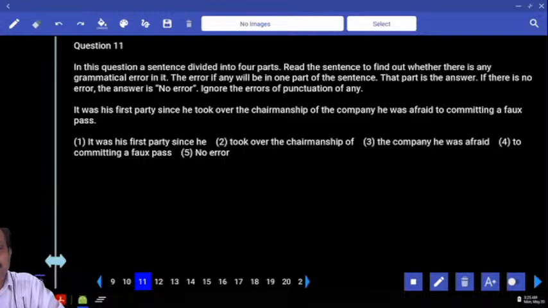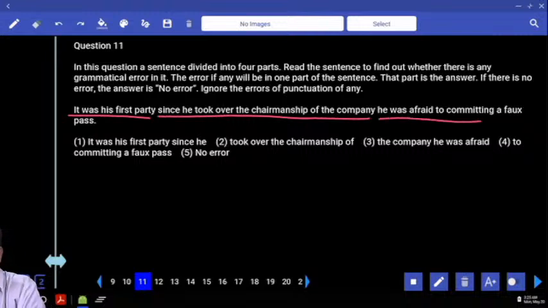It was his first party. Underline, it was his first party. Since he took over the chairmanship of the company, one group, he was afraid to committing. Many of you must have got it right. Afraid to committing or afraid of committing. So where is the error? It goes with the word afraid.